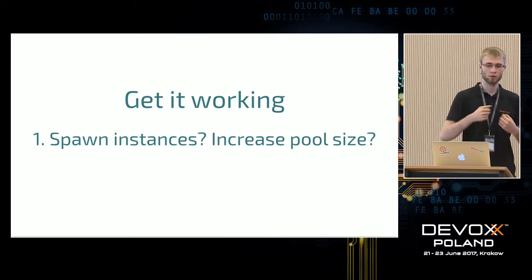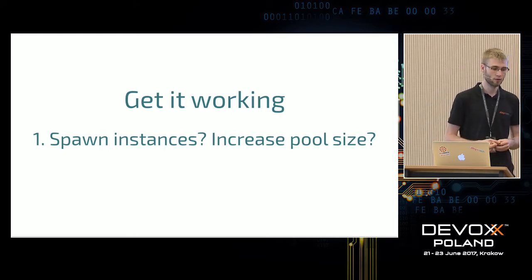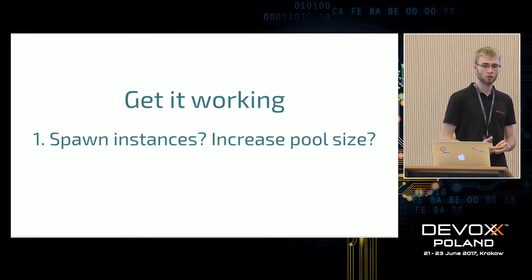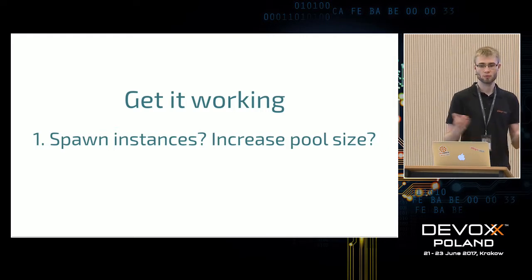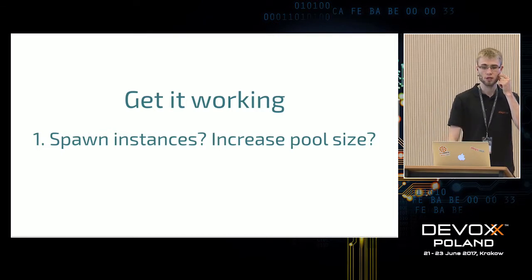Because if we are the bottleneck, if the problem is that we cannot open enough connections, then spawning more instances or reconfiguring our application so that the pool size is larger is going to solve the problem, and we don't need to recompile our code and release a new version.